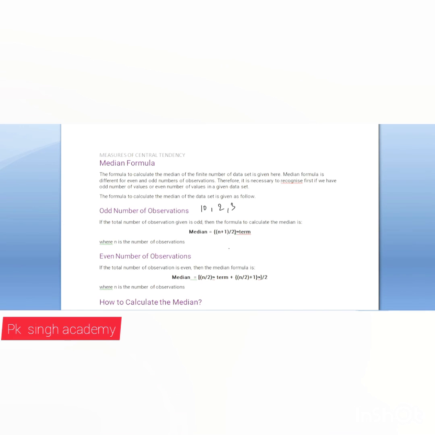This is the formula: the (n plus 1) divided by 2 th term. And when there is an even number of observations, like 10, 16, 18, 20, there are 4 items, and 4 is an even number. So when there are 4 items, we will calculate by this formula.